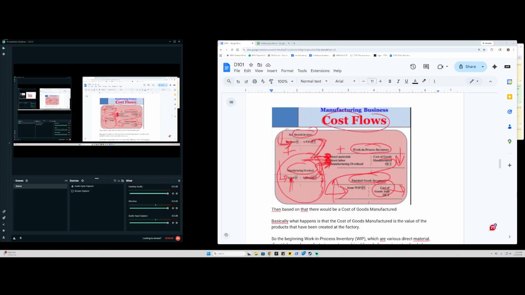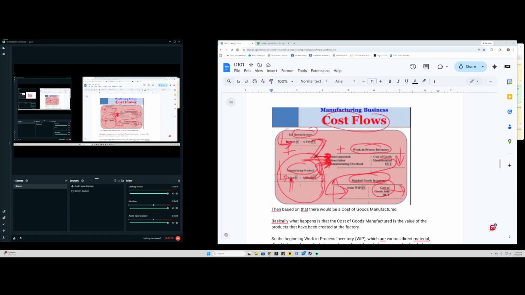So there's a beginning work in process inventory amount, and then more could be added in, for example more material, more labor, more manufacturing overhead. And then what you get after the job has been completed is the ending work in process inventory amount.